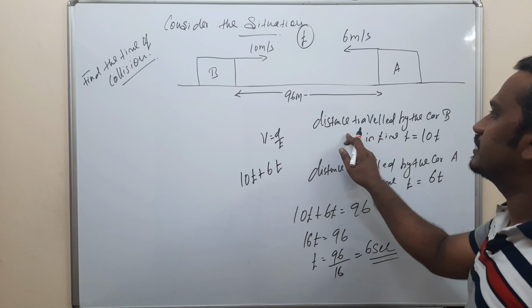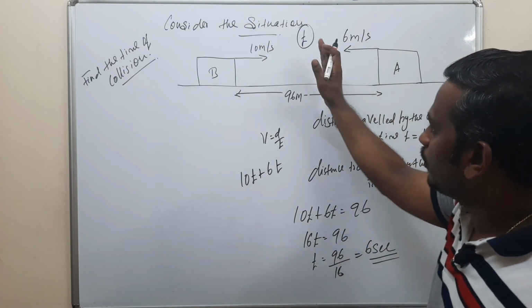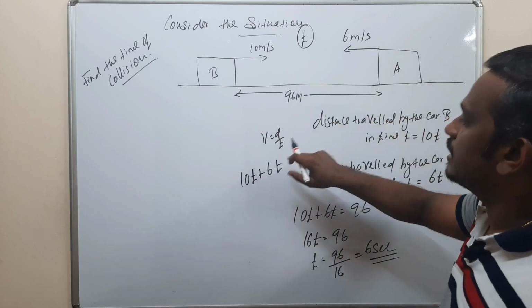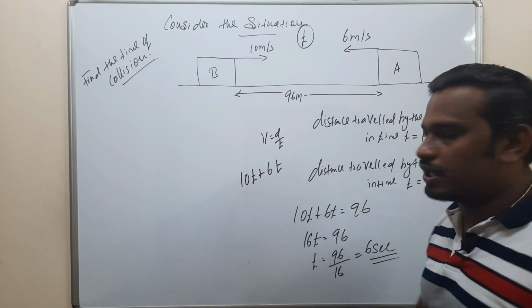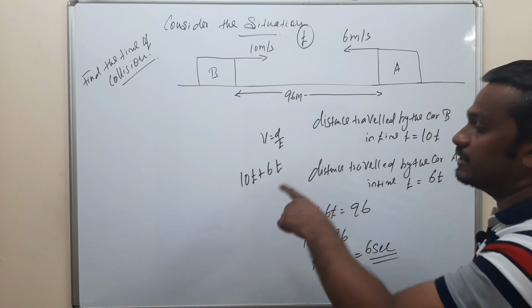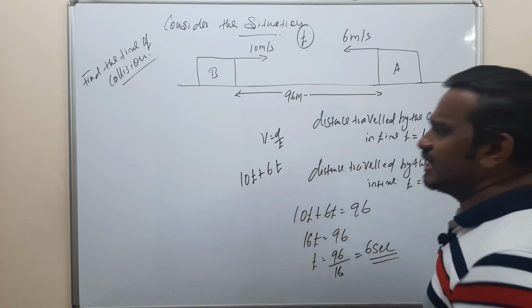So the distance traveled by this car in time t is 10t. The distance traveled by this car in time t is 60. So the total distance traveled by the two cars is 10t plus 60. That is the condition.